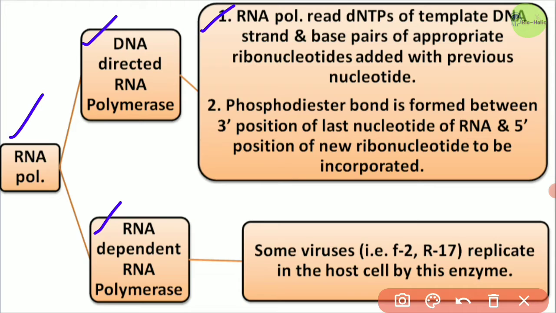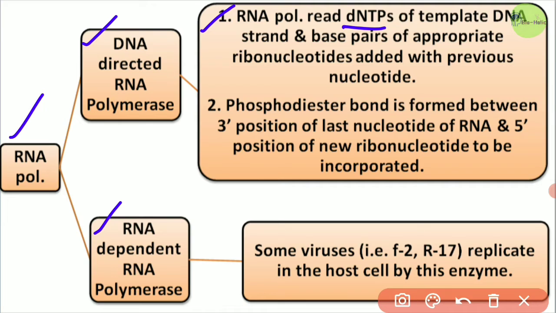First of all, DNA is being decoded by this enzyme. That means polymerase can read the deoxyribonucleotides or dNTPs of the anticoding or template strand of DNA, and base pairs of the appropriate ribonucleotides are added to the previous nucleotide of the newly synthesizing RNA strand.